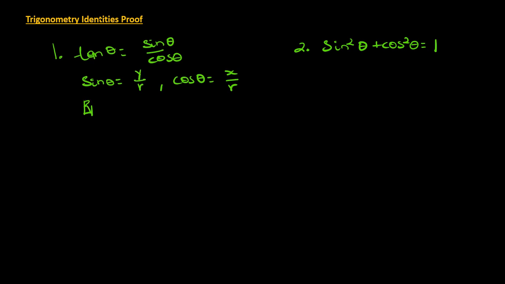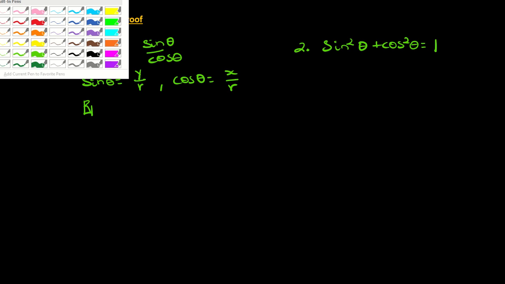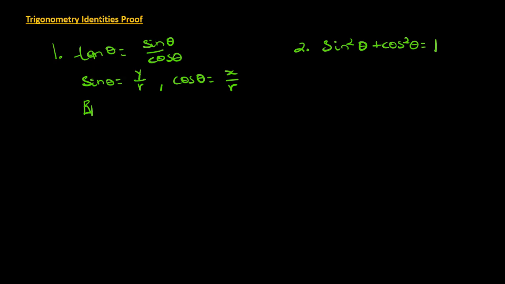Right hand side. Let's clean this up. The right hand side asserts that division there, sine theta divided by cos theta. So this is the right hand side.